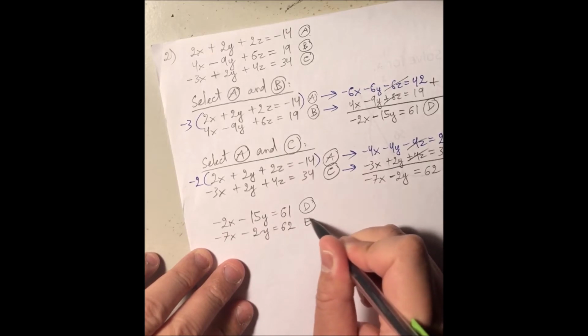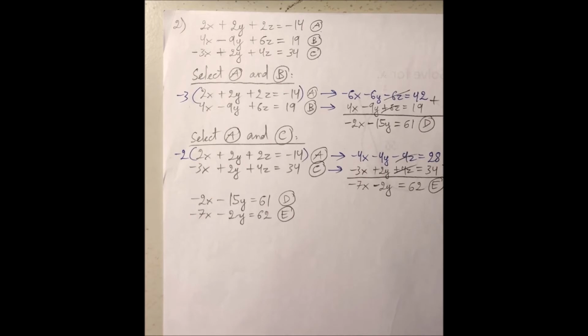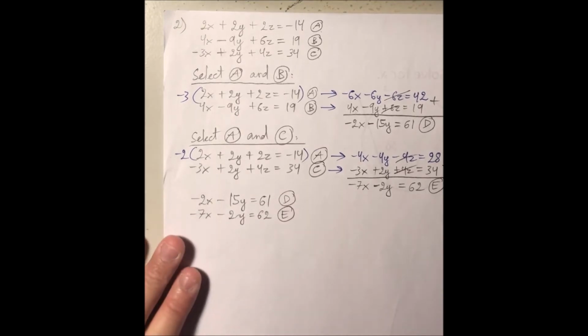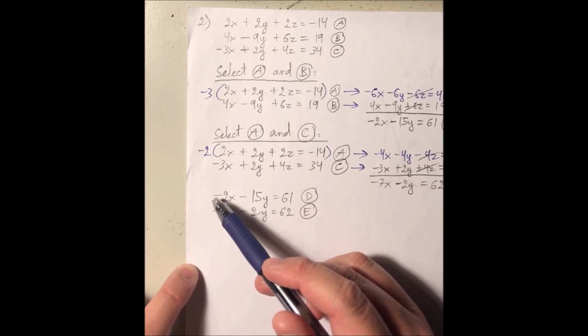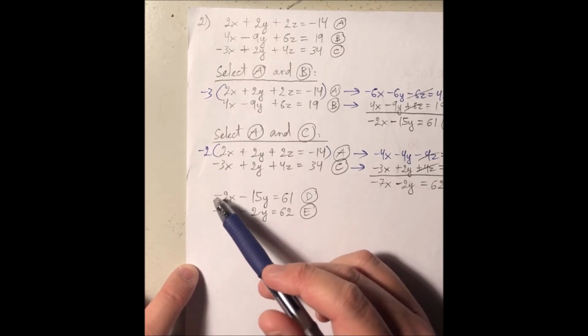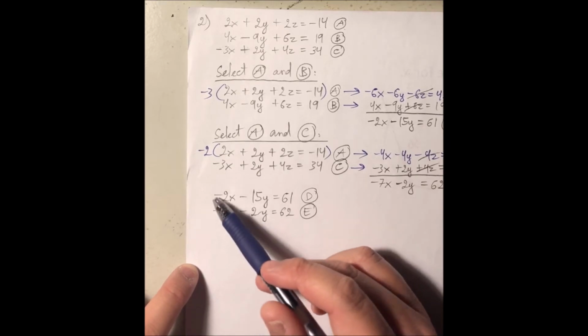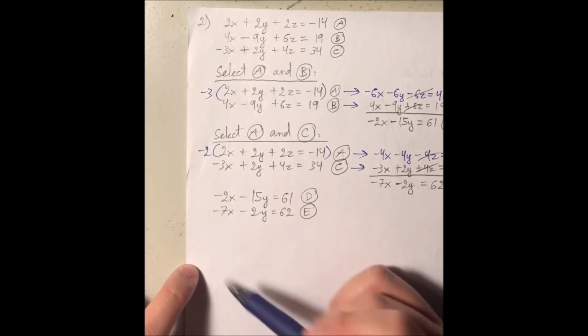Looking at these two equations, the next variable that I want to eliminate is going to be the variable y. No, not variable y, let's go with x instead because it seems easier than y. So I want to eliminate the x variable now. When I compare the coefficients -2 and -7, -7 is not a multiple of -2, and -2 is not a factor of -7.